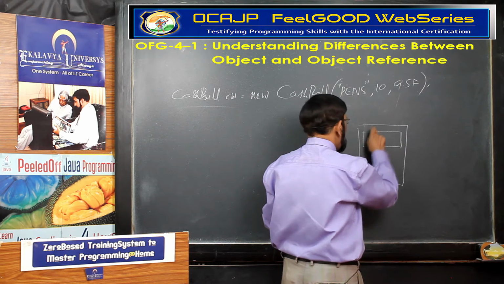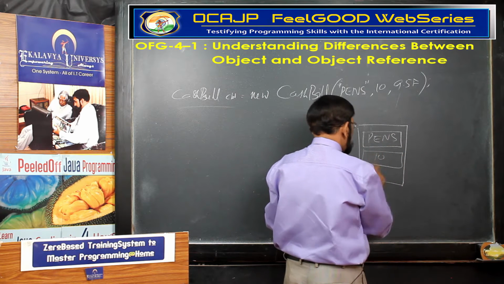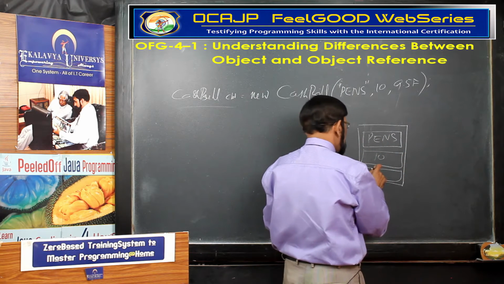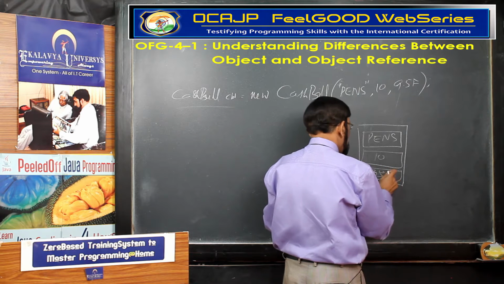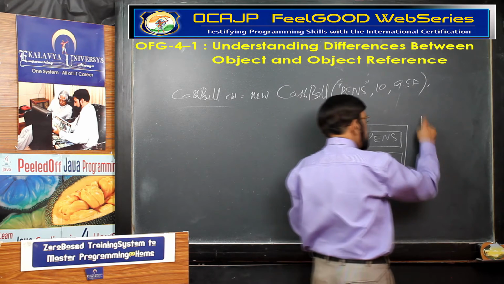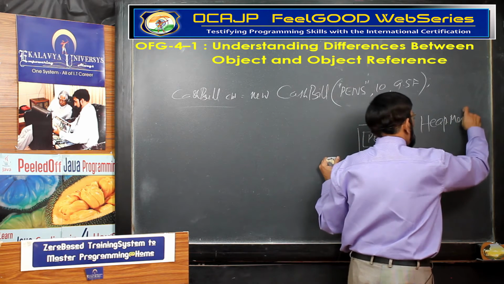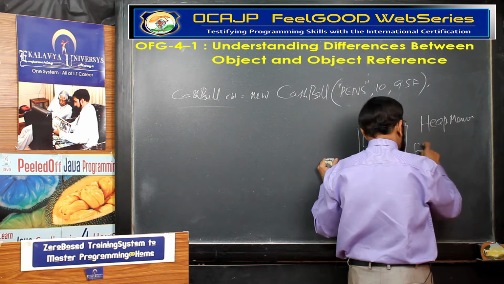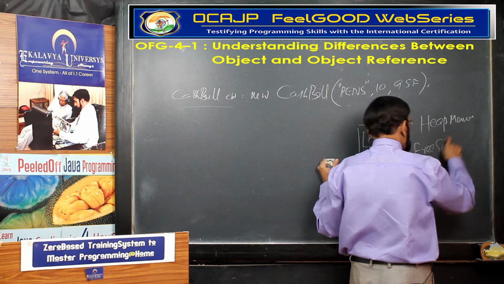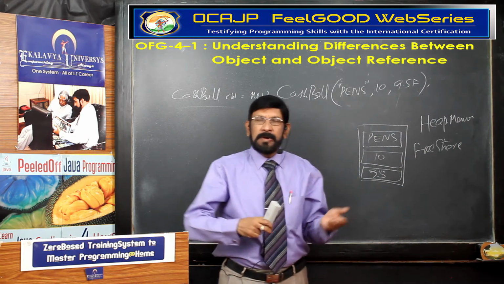Here, pens are there. Size and all that, you forget. That is not very important here. Okay. This is the real object. This is created on heap memory. This is also known as free store, because for any component, multiple names are there.